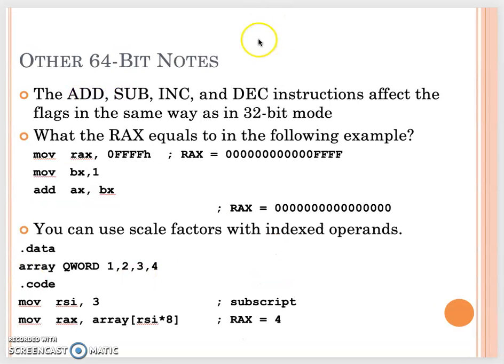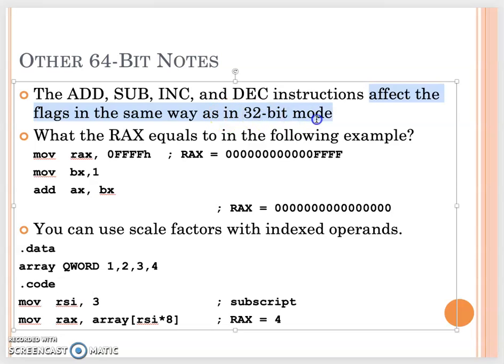So continuing, we can also think about the add, sub, and increment, decrement instructions. Those instructions, of course, all affect the flags the same way as in the 32-bit environment. So for example, here, if you have your RAX with 4F at the end, then you have BX equal to 1 and you try to add 1.